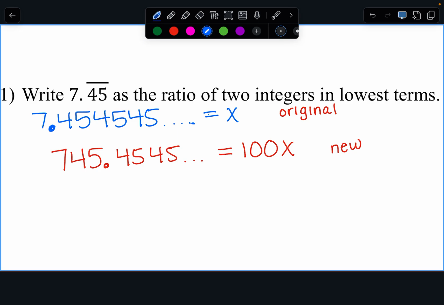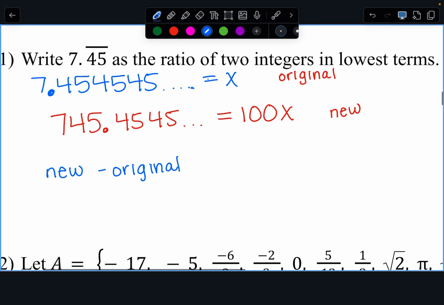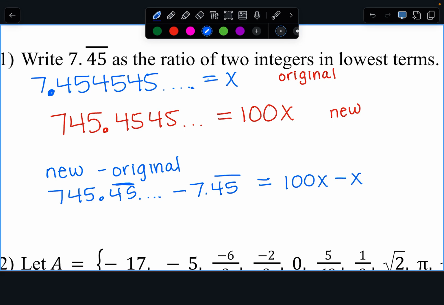If I do new minus original, that would give us 745.45 repeating minus 7.45 repeating is equal to 100x minus x. Now that looks really complicated. Why in the world would we do something like that?